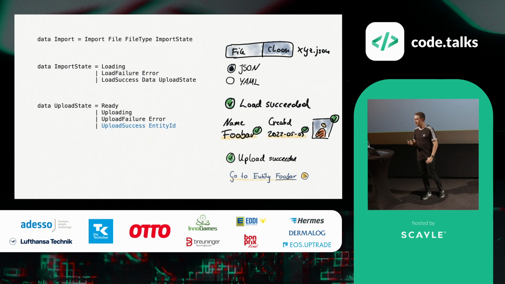We again skip this failure case and move right on to the upload success case. And again, the same story, we just announce the upload succeeded, and now we have this entity ID at our hand that's coming from the server, and so we can show a link. And there wouldn't even have been any possibility to do that before this point in time, right?